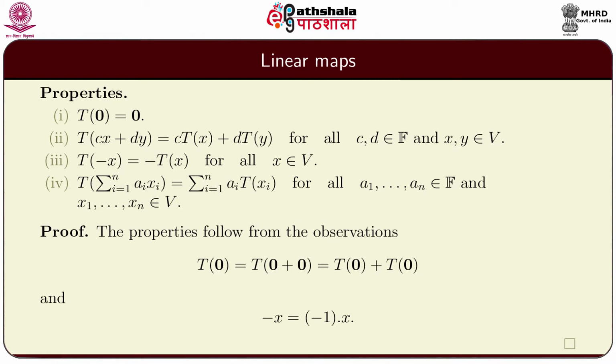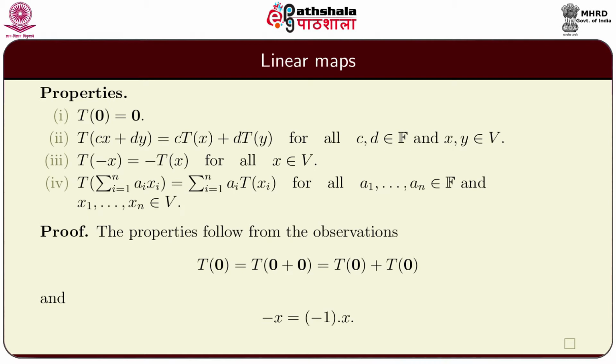About the first property, we know that 0 + 0 is 0 and therefore T(0) is T(0 + 0). Now we use additivity of T, therefore it is T0 + T0, and then if we cancel T0 from both sides, then we get T0 is equal to 0. And we have seen before that -x, where x is a vector, is nothing but -1 multiplied by x.